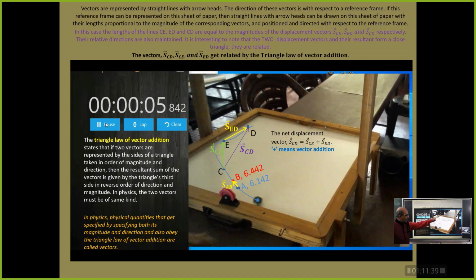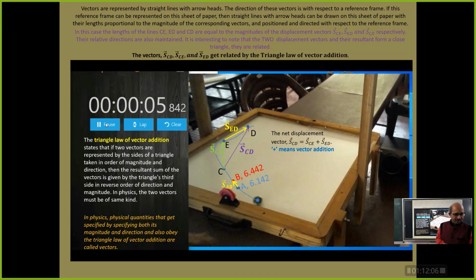See, if I draw the vector from D to C, then it is the same order. Since I am drawing it from C to D, it is the reverse order. So, in physics, physical quantities that are specified by both magnitude and direction and also obey the triangle law of vector addition are called vectors.